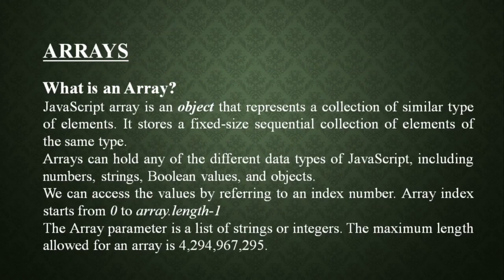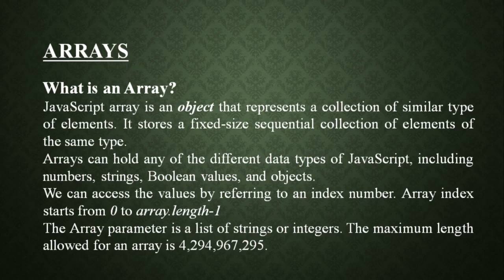This is about operators, and the next topic is arrays. What is an array? Why are we using this array? If I want to store values sequentially, elements of the same type, then we use arrays. JavaScript allows us to create an object that represents a collection of similar type of elements. It stores a fixed sequential collection of elements of the same type.